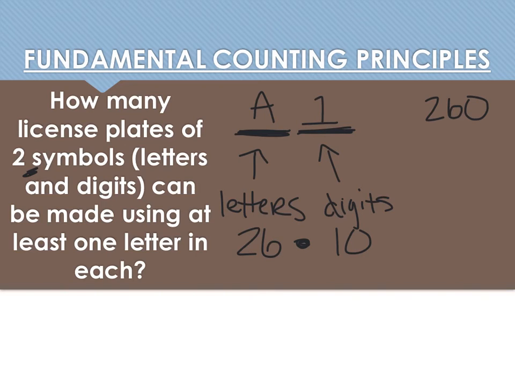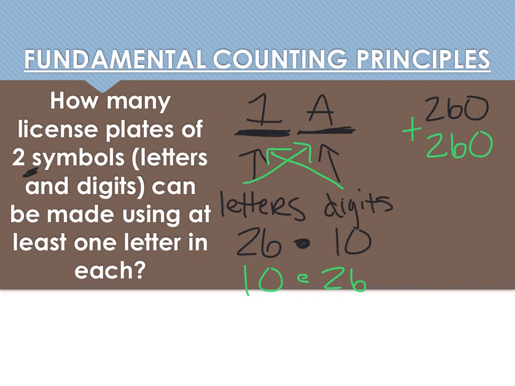However, what happens if I decide to have the letter go second? That's not the same as A1. This is 1A. So again, I just flip-flopped them. I moved the letters, I moved the digits. And so 10 times 26 is another 260.